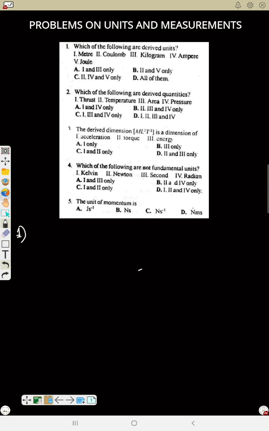Now, we'll talk about fundamental and derived quantities, also fundamental and derived units. Derived units are simple combinations of the fundamental units.